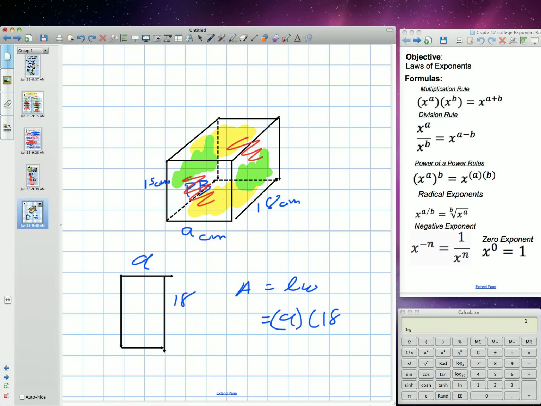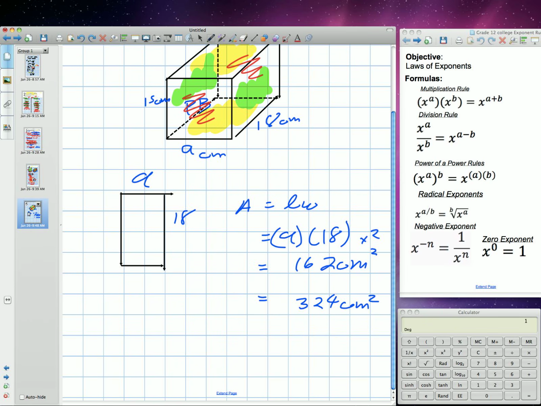Okay. Now let's talk about those side faces. The side faces, the ones we highlighted green to start, make them a little different in terms of their length and width. Here's the height and here's the length. So it's going to be 18 by what? What's the height here? 15. Good. So it's going to be 18 by 15. We'll find the area of those two.